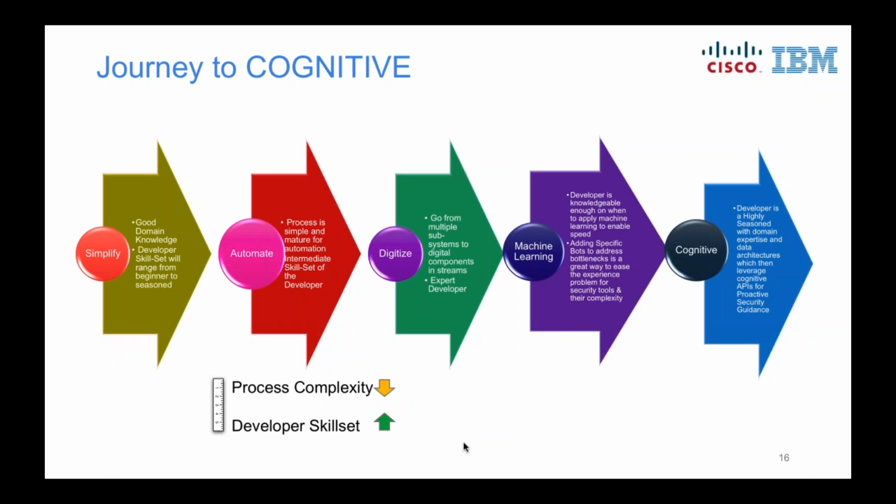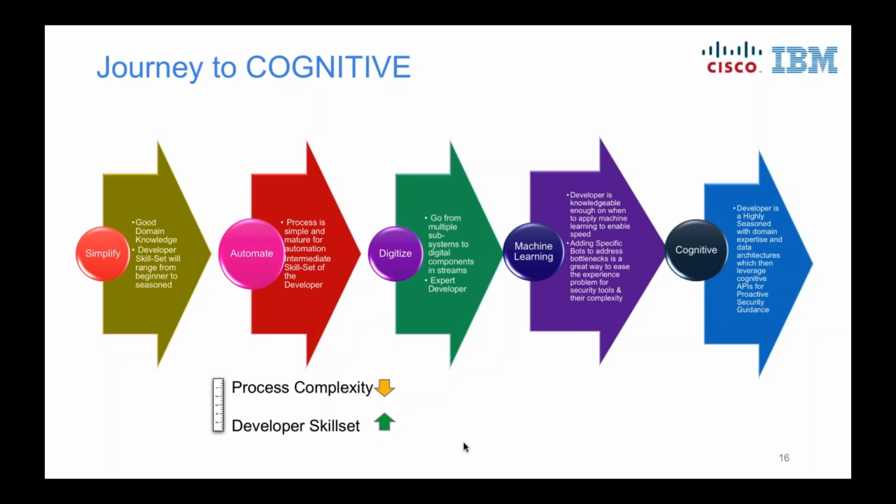With that, I'm going to quickly walk you through how we're working on reducing our process complexity, because as a big company, we're very tightly tied up in processes, and how to increase your developer skill set. So identify areas in your process that you can simplify before you automate. A refinement of your process and your technology, and how you can make it more relevant to your developer, is the best way to start.